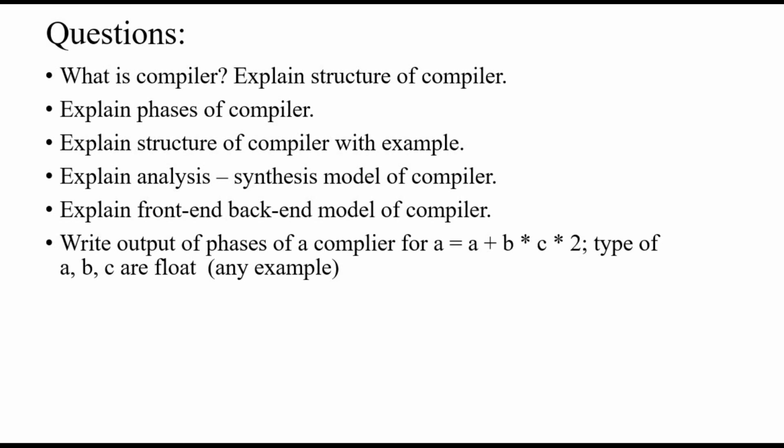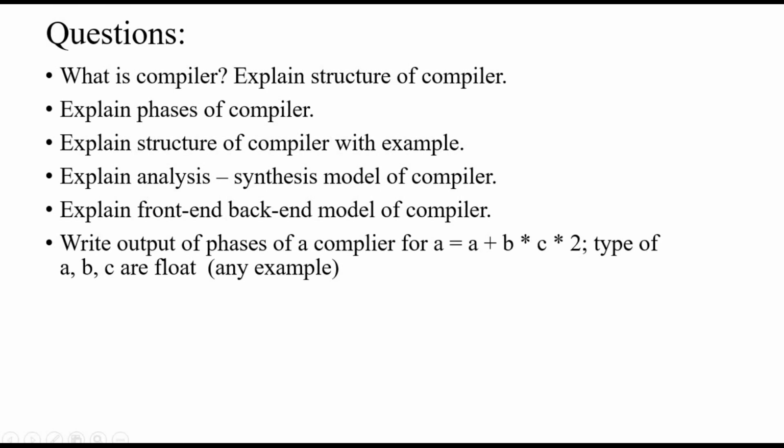For this example, identifiers are generated like this: for a, it's identifier 1, then equal is the assignment sign. For a, it's identifier 1 again because both are the same, so the identifiers are the same.